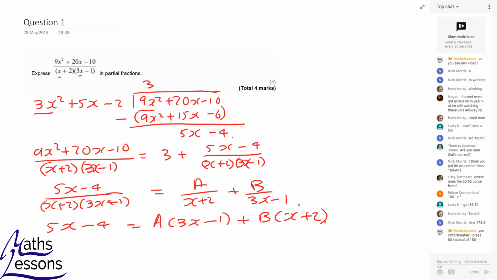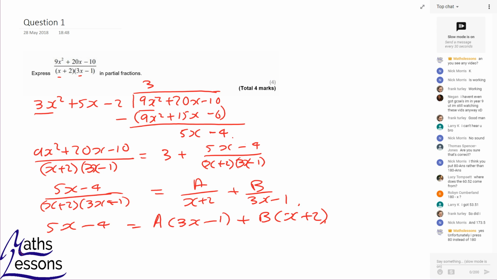If we let x equal minus 2, on the left-hand side we get minus 14, which will equal minus 6 minus 7a, and the b bit goes to 0, so that implies that a equals 2.